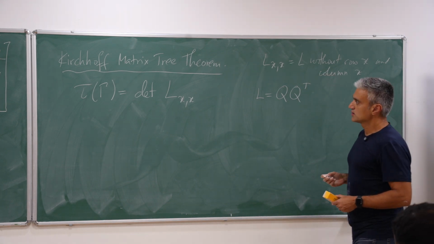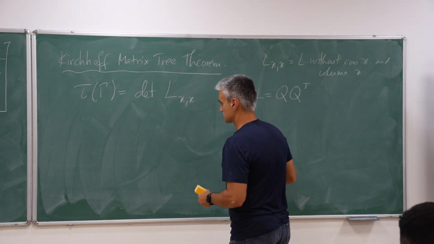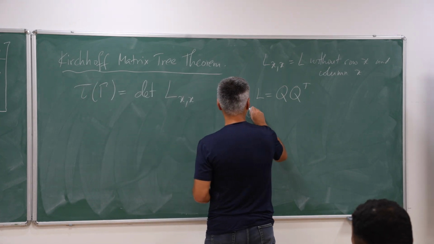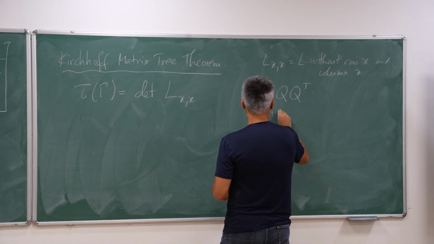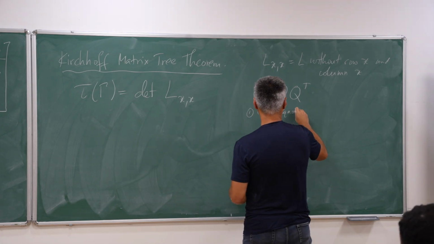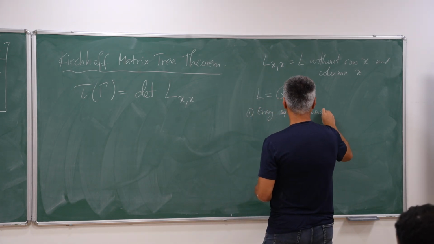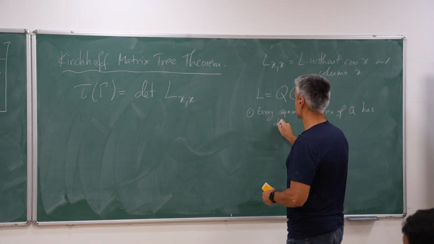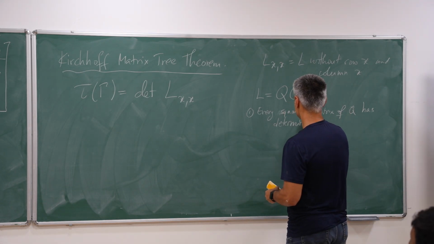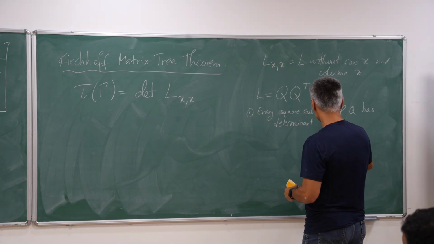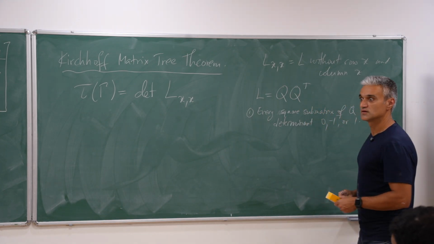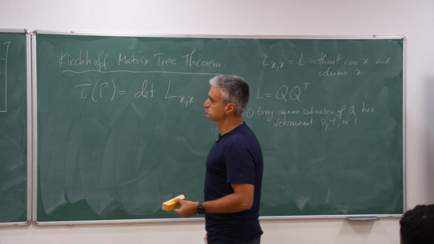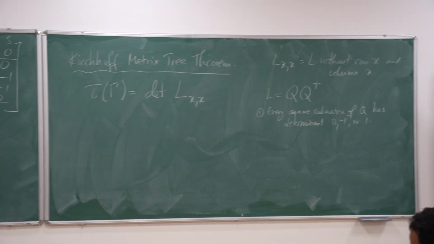Okay, now you need some properties about this matrix Q. So one property of the matrix Q is every square submatrix of Q has determinant 0, -1, or 1. Very convenient, okay?